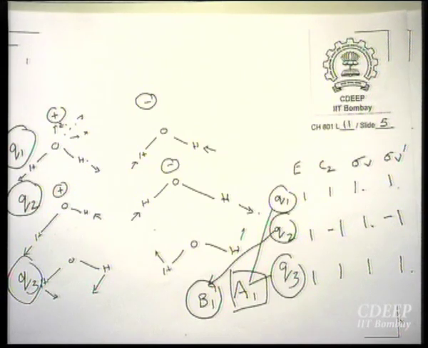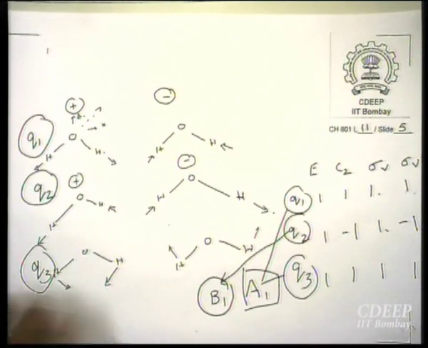This is something that is a very common question that people like to ask. Before I go back and talk about the C3V point group, I want to ask once again, what is the meaning of normal mode? Normal, not as in the opposite of abnormal, but normal as in orthonormal.